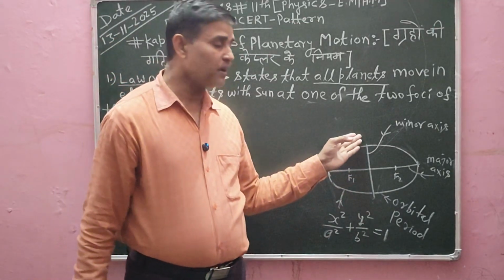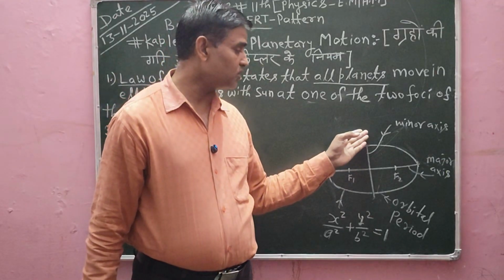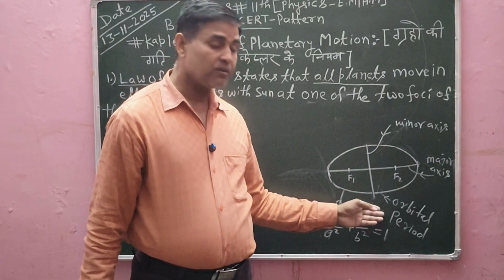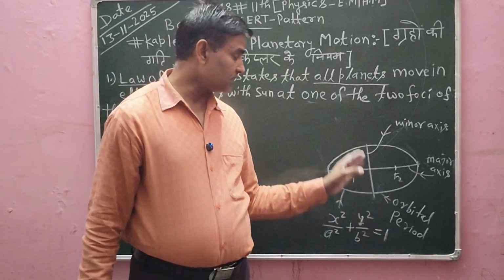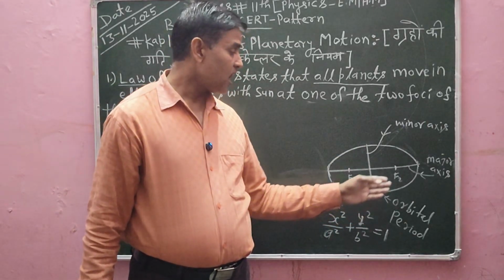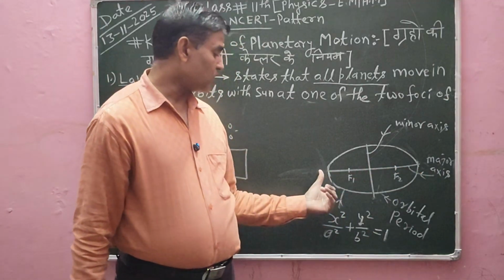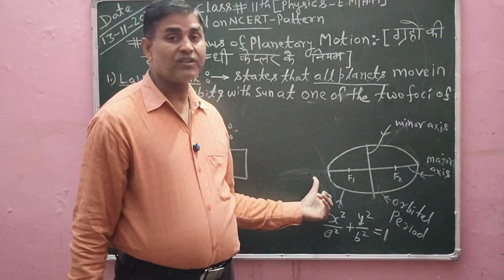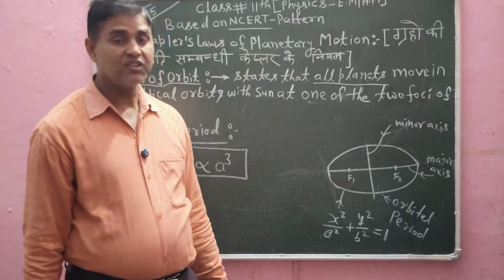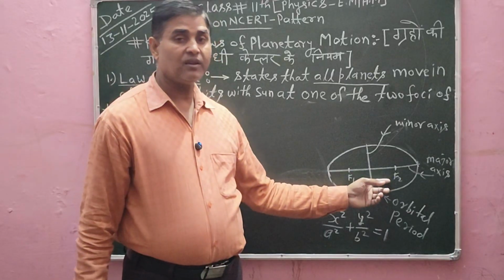Now the coordinate along the positive y-axis I will write as 0 comma b, and along the negative y-axis 0 comma minus b, along the positive x-axis a comma 0, and along the negative x-axis minus a comma 0. The focus I can write as a comma 0.